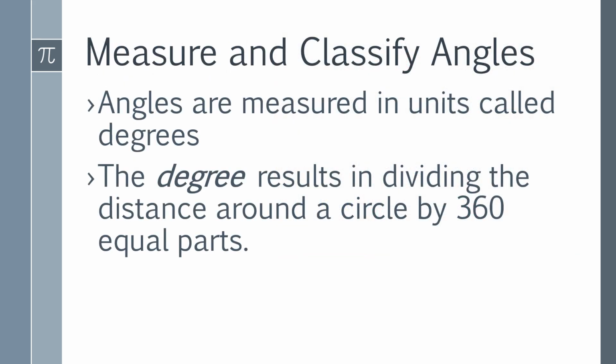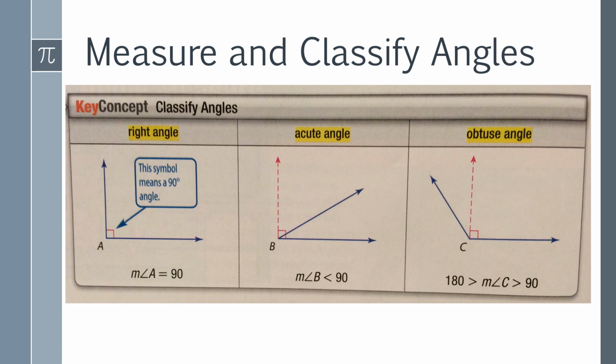Okay, so angles are measured in units called degrees. The degrees result from dividing the distance around a circle into 360 equal parts. We can look at this diagram and see there are 3 different angles and how they are classified.